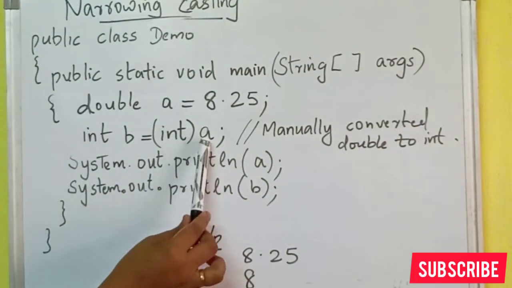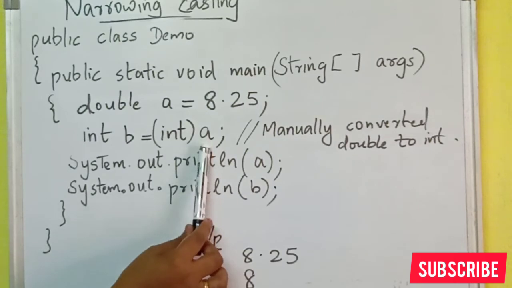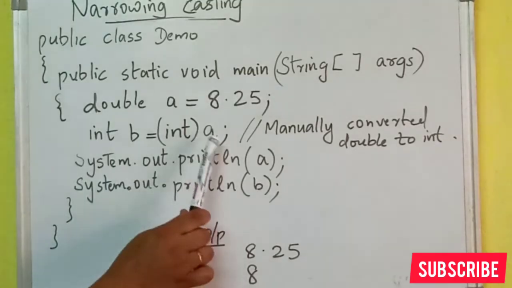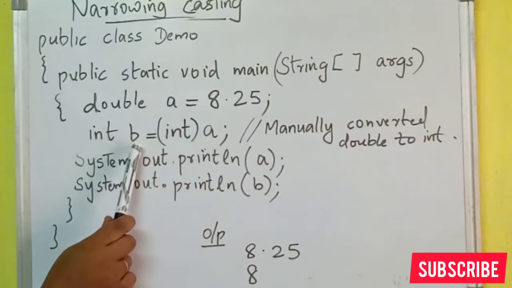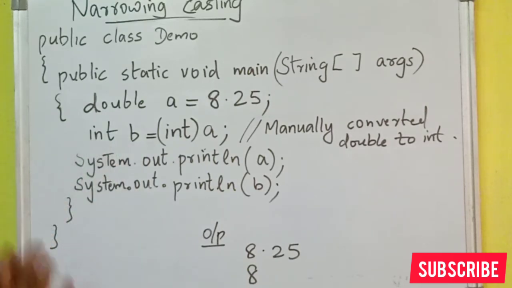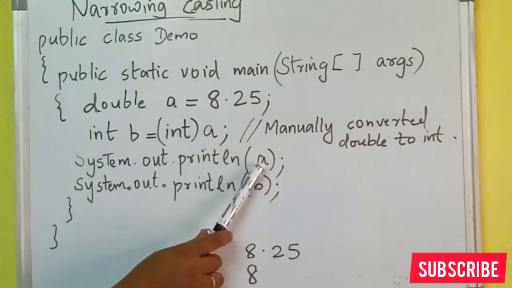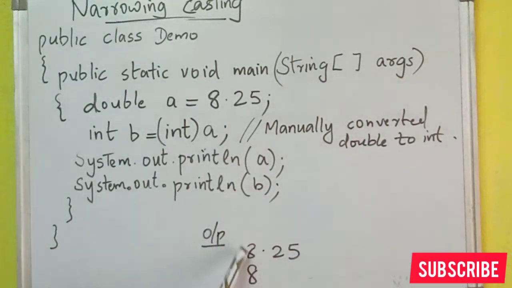Initially the variable a is in double data type, and the value stored in a is converted to integer data type. Then by using the println function, we are printing the values in a and b, which will be 8.25, and the value in b will be 8. So this is a program which depicts narrow casting.